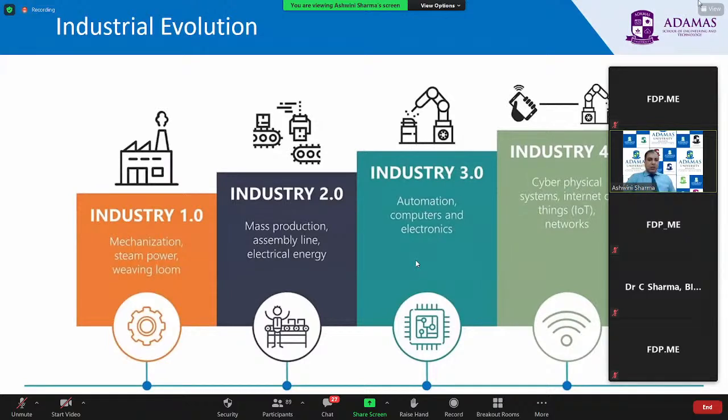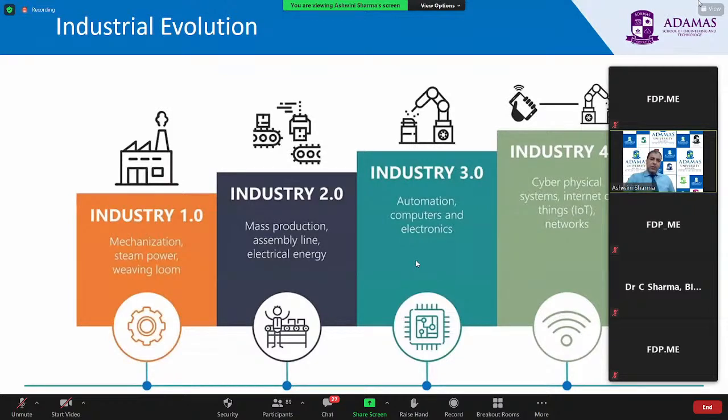So let us talk about these revolutions, how industrial evolution has happened. Industry 1.0 was mechanization, steam power, and the application was the weaving loom, or maybe the slaughterhouse which was opened in USA in 1784.